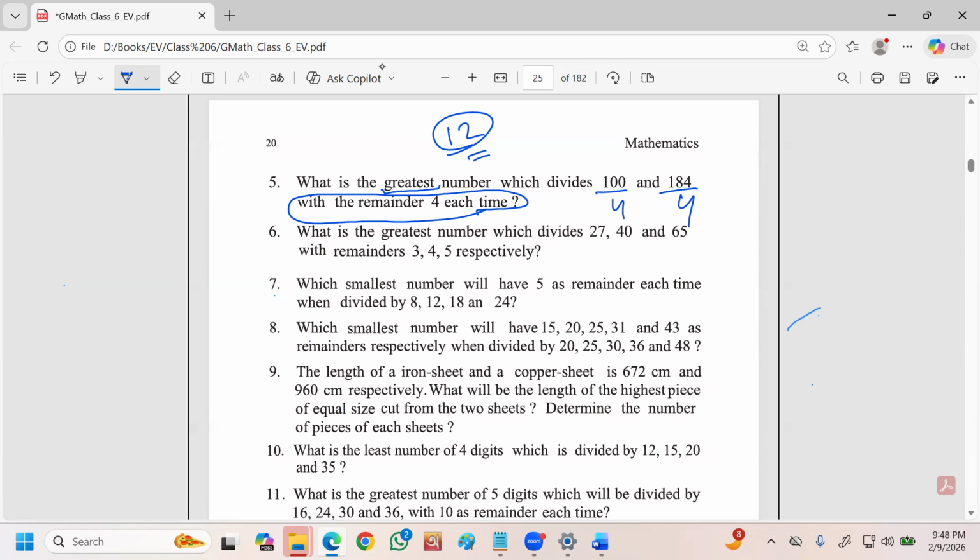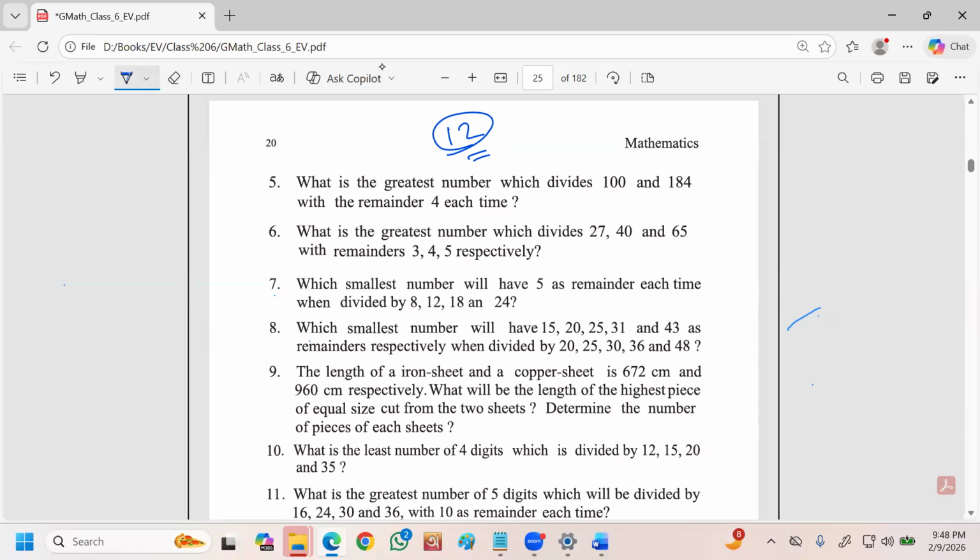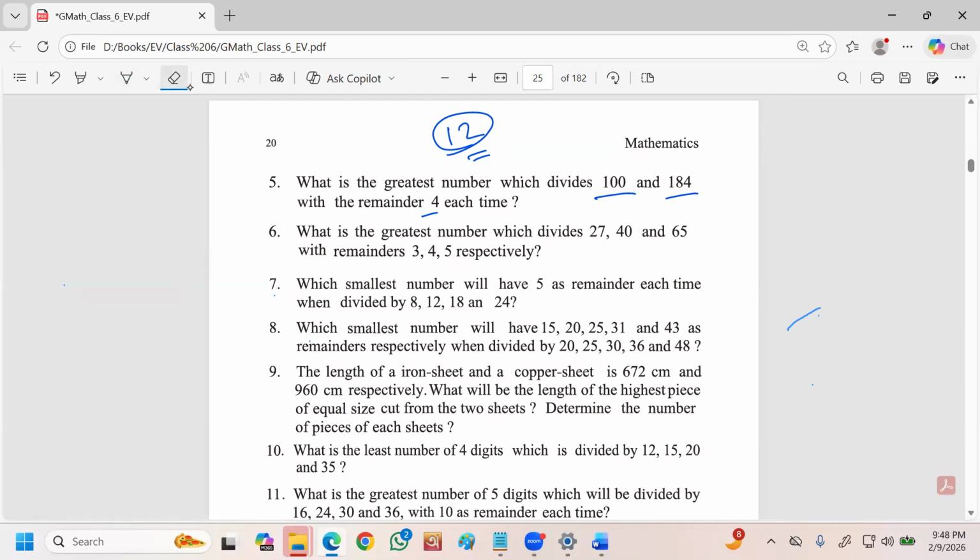That's the question. That means we can subtract 4 at the very beginning. We don't need any remainder, first of all. We want to know the GCD. If we subtract 4 at the very beginning, then we just calculate the GCD, right? That becomes easier for us.